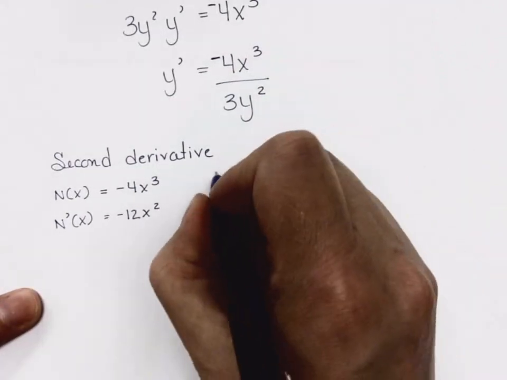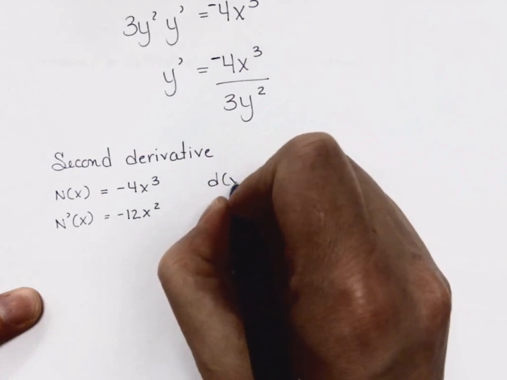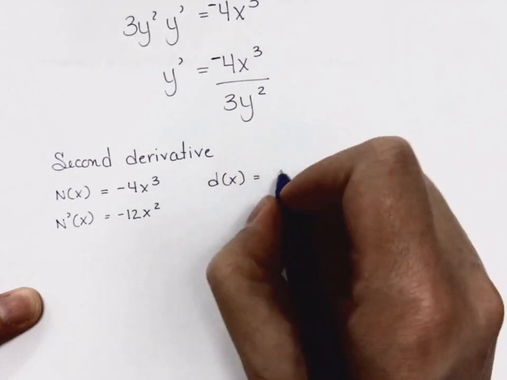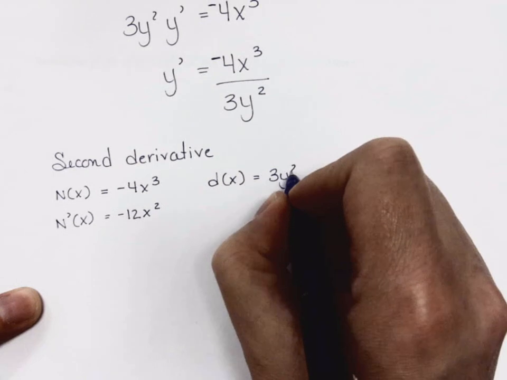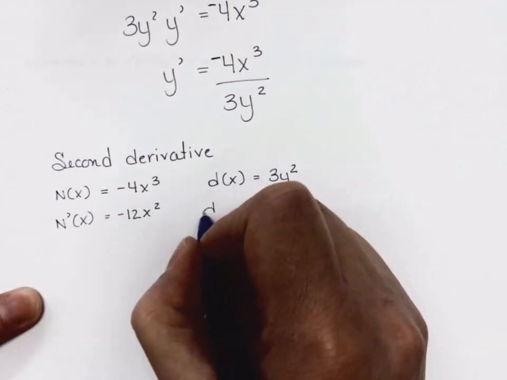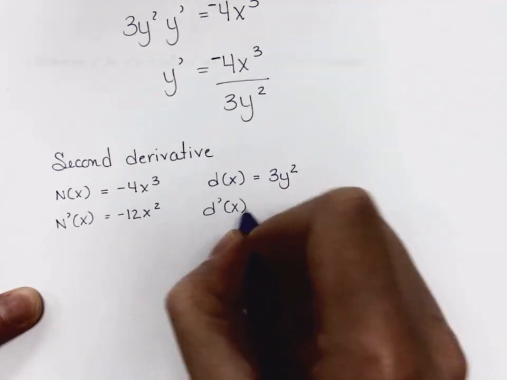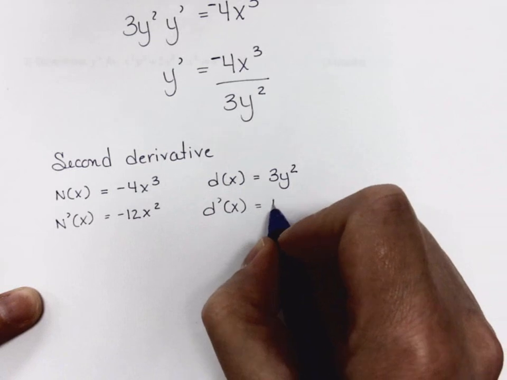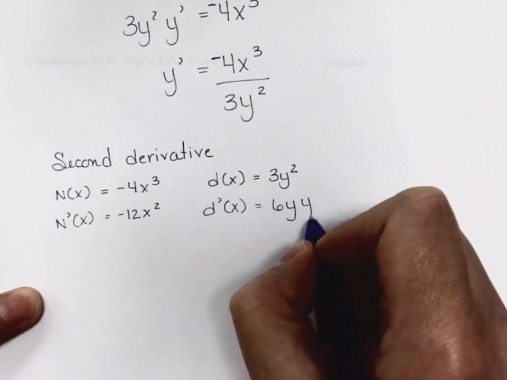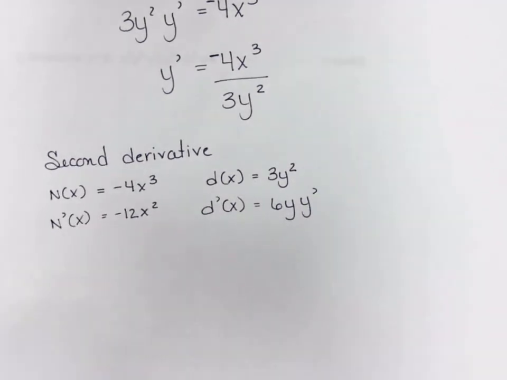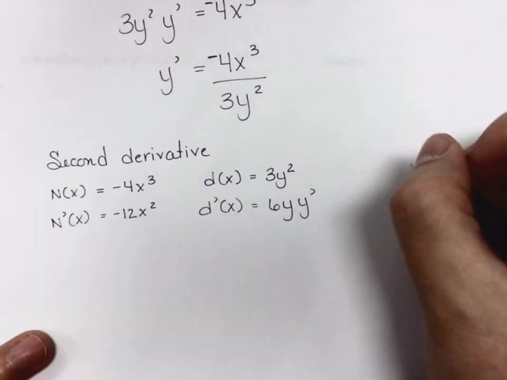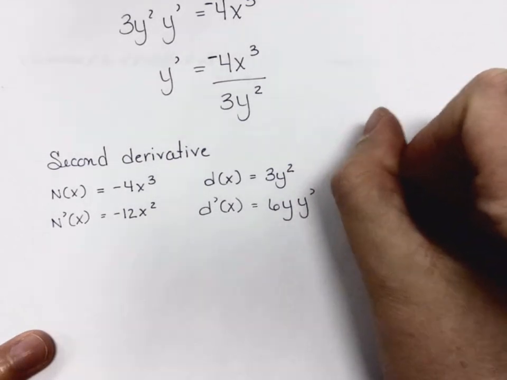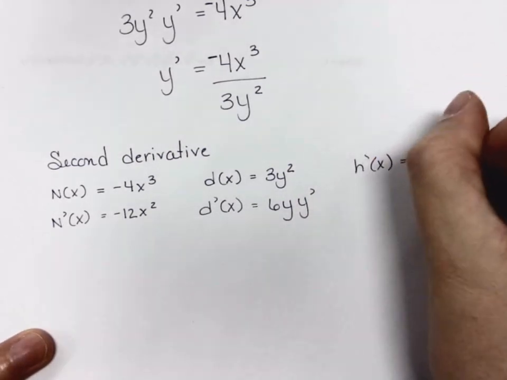Then I'm going to do the denominator. The derivative of the denominator in terms of x is going to be 6y, y prime. Everybody good with that? I like to get that done before I actually put it into the format. So that's G.